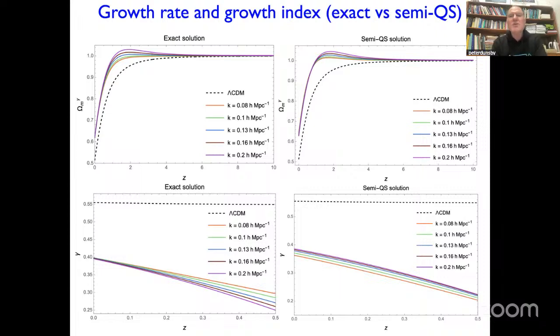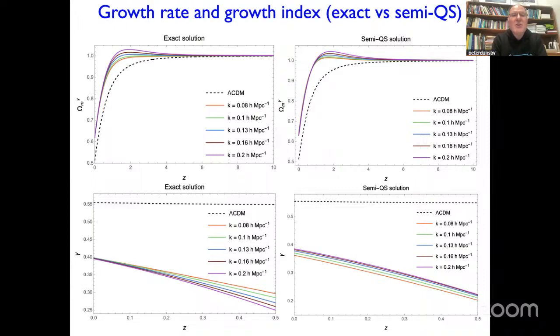Two things you notice straight away: first, broadly speaking, if you compare these results with what's been obtained in the literature using particular f of R theories like the Hu and Sawicki theory of gravity, they're broadly consistent with what is found in those theories. So typically you get a gamma close to about 0.4.